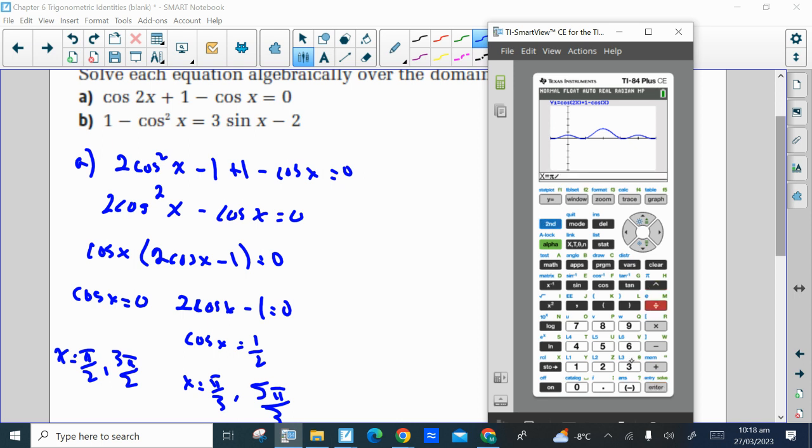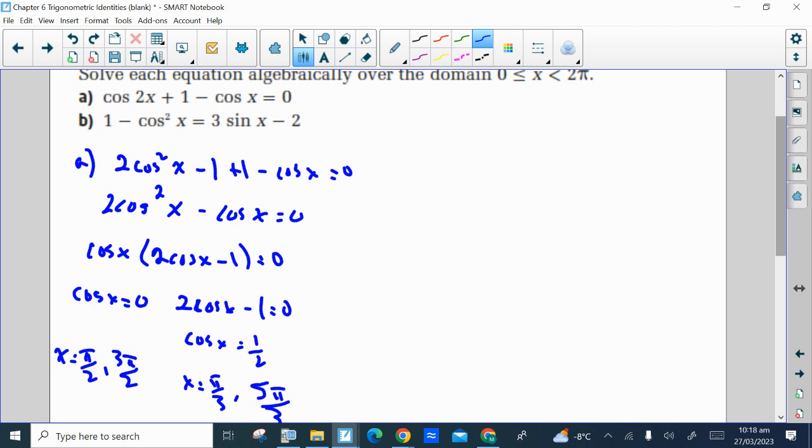If we check pi on 3, confirms, and 5 pi on 3 confirms because y equals 0. So using the graph, you can check all your answers and also make sure that you didn't miss any. Okay, but you have to know how to solve them algebraically. The calculator is only used as a check.